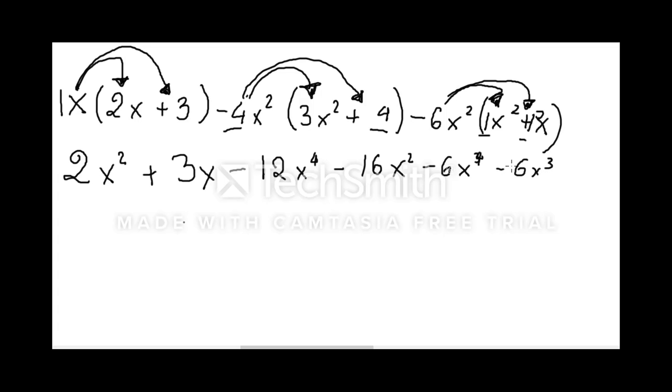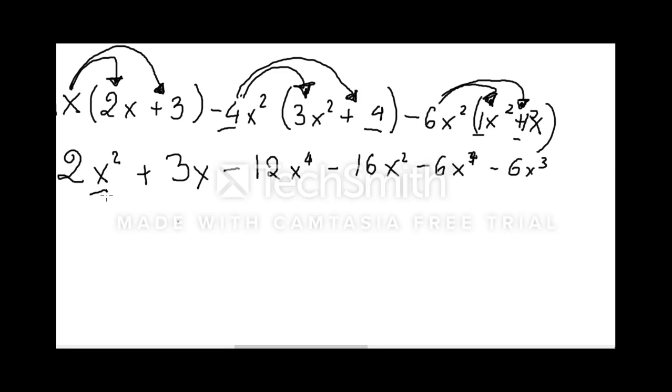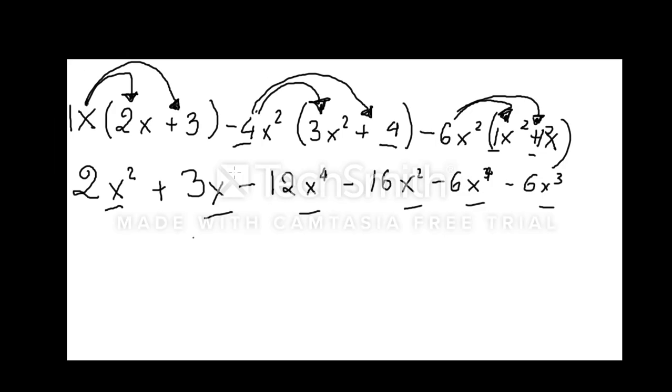And now again we have to combine our like terms, and usually I do them in descending order, which means we look at the highest power first. So if you look at the powers on the terms, those are 2, 1, 4, 2, 4, and 3. So I'm going to place negative 12x to the fourth as well as negative 6x to the fourth together.